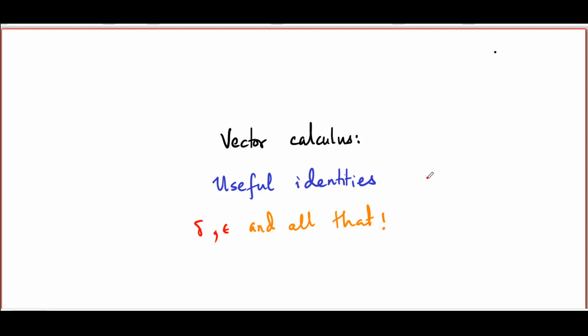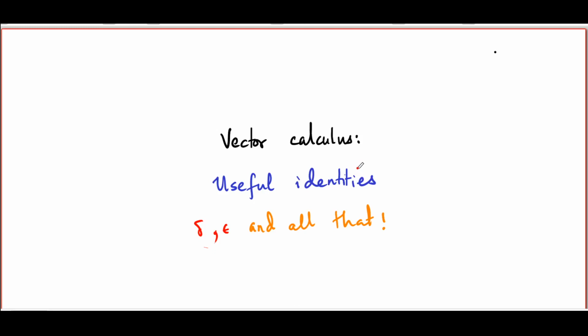Now the subtitle that you can see here should remind many of you of high school calculus, where delta and epsilon are very small positive real quantities, involved in the definition of limits and continuity of functions. This delta and this epsilon are not the same as those.